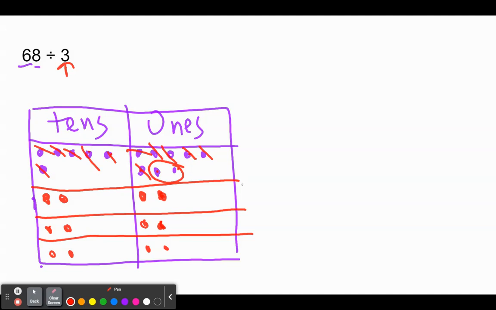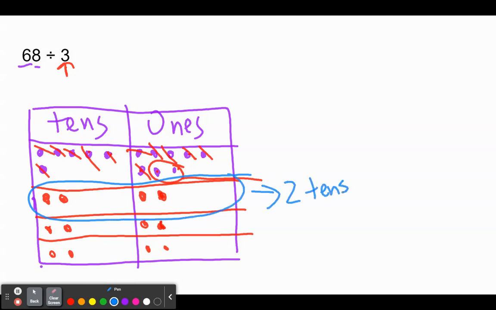So how many do we have in each group? In each group, we have 2 10s and 2 1s. But we also have these 2 right here, which is the remainder.